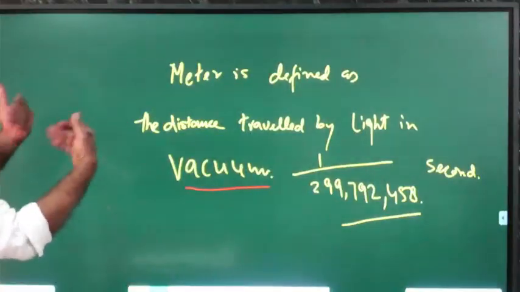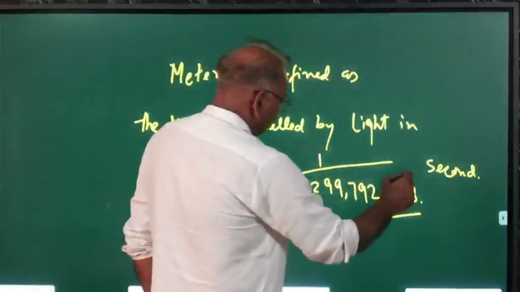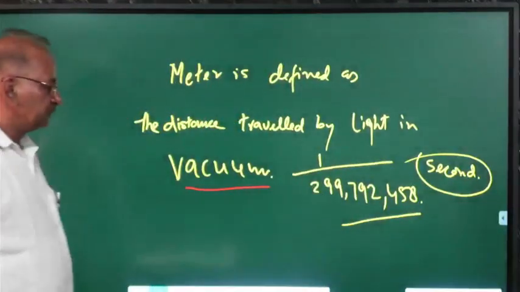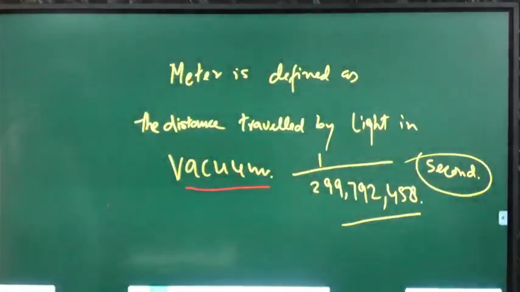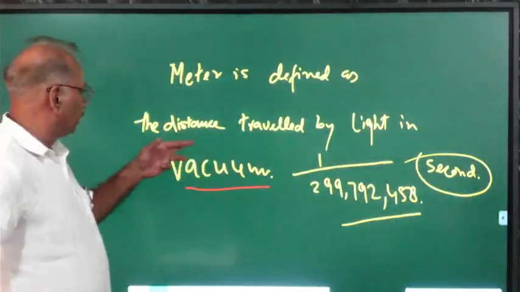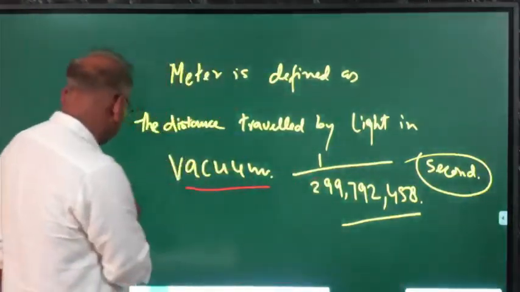So the reverse of that quantity, measured in seconds, is the time in which light travels 1 meter.